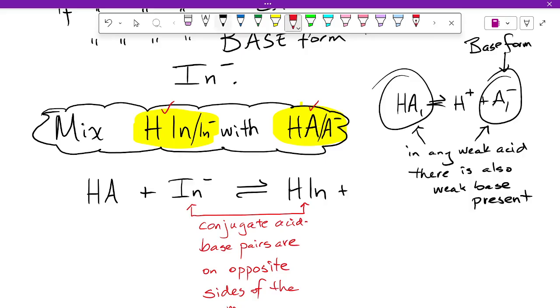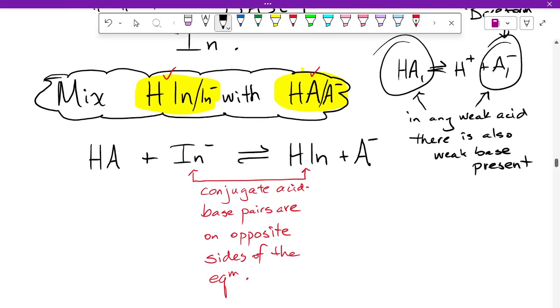And that means where does A minus go? It goes on the right. Okay, so now we have a weak acid base equilibrium.